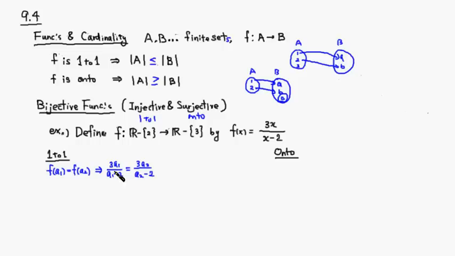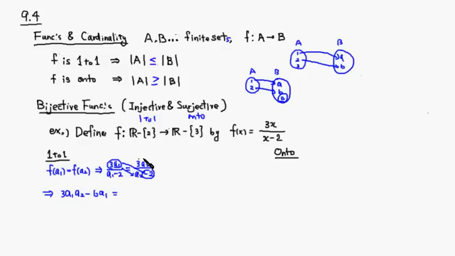Then cross multiply. You're going to get 3a1 times a2, so 3a1a2, and then 3a1 times negative 2, so negative 6a1.